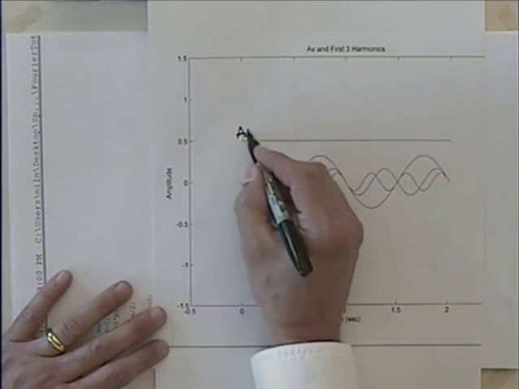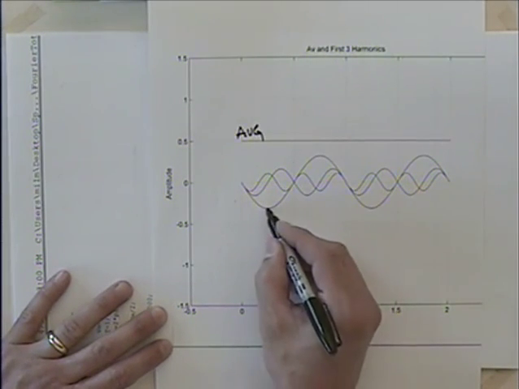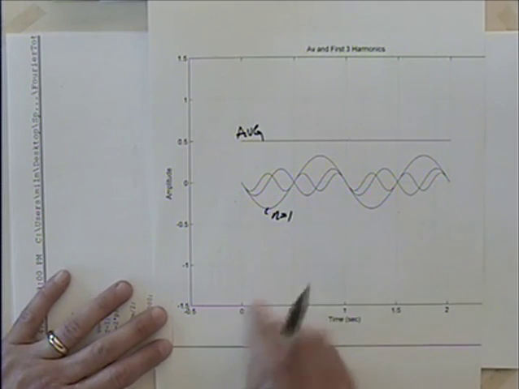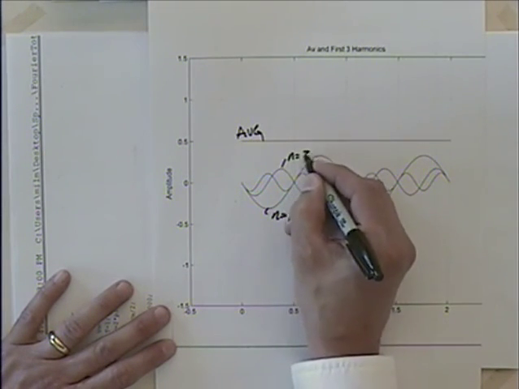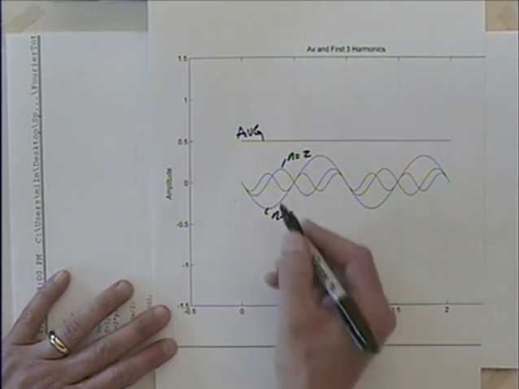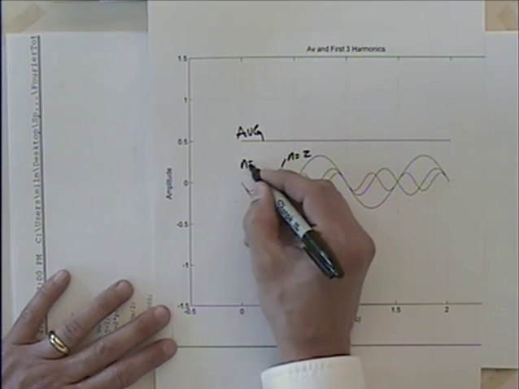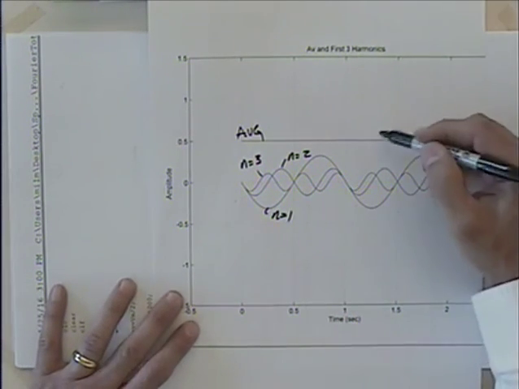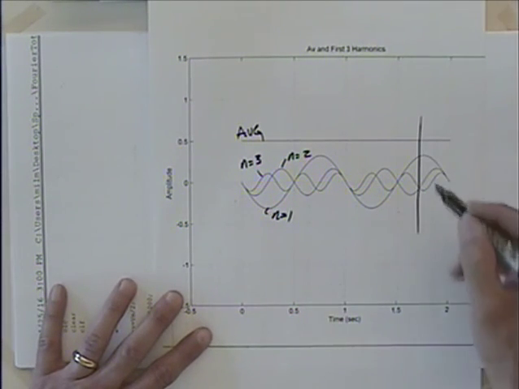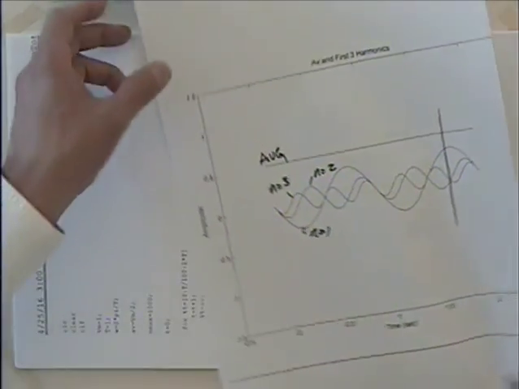There's the average, and here is n equals 1, and then this is n equals 2, lower frequency, and then higher frequency yet, n equals 3. So we're going to start to add those all together. That is, you can imagine drawing a line through here, and you're going to add those all together.